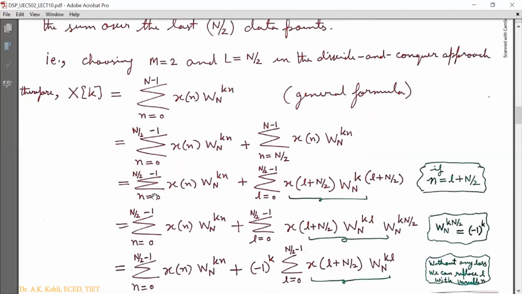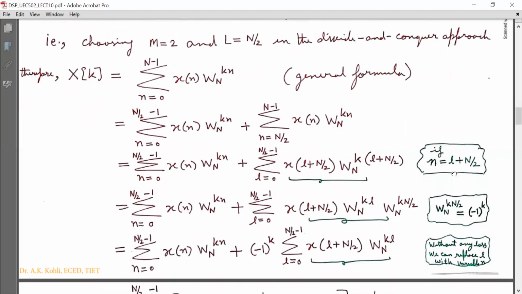The first term involving summation, we are not going to touch, but in the second term, instead of n, we will substitute n is equal to L plus N by 2 for mathematical simplification. Here, this is the twiddle factor in this term, W raised to power k bracket L plus N by 2 in the exponent.